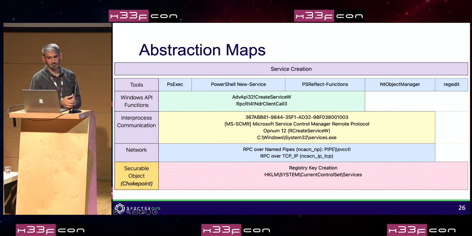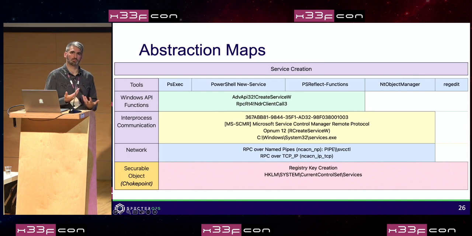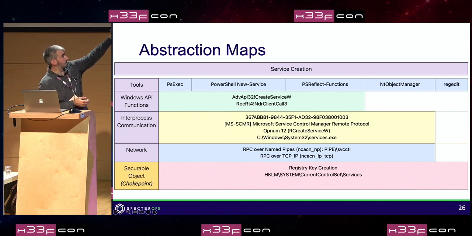I grabbed this one for service creation because I think it proves the utility of thinking of things in these terms. At the top row we have a list of tools. The developers of these tools have made specific choices about how they want to create a service.